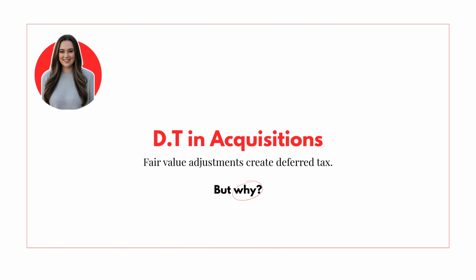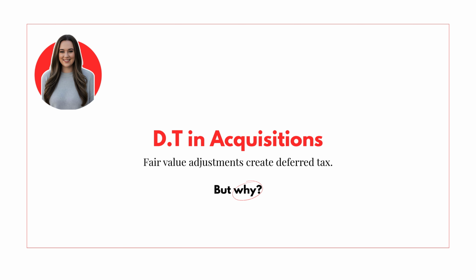Based on my experience of working with SBR students, deferred tax in acquisitions is one of those things that students often calculate without really understanding what they're doing or why they're doing it. We know that when we're doing our acquisition accounting, we increase an asset to the fair value for consolidation purposes, but then all of a sudden a deferred tax liability appears and it's like, whoa, what's going on here?